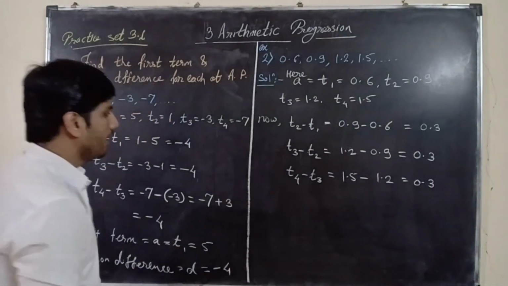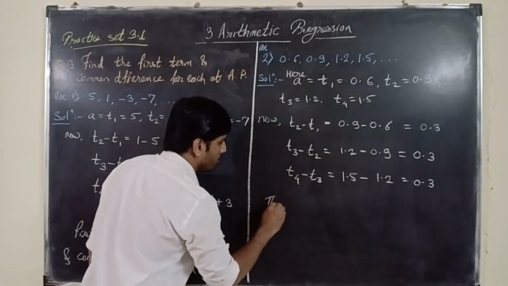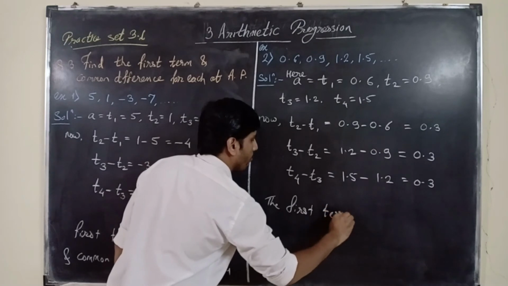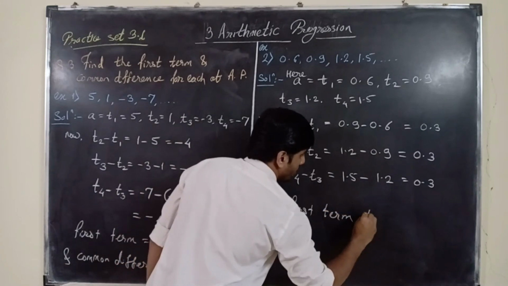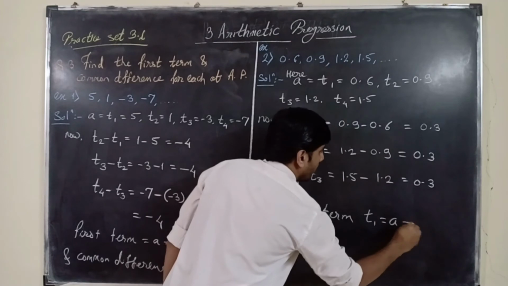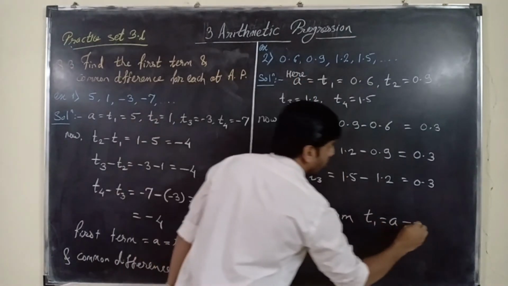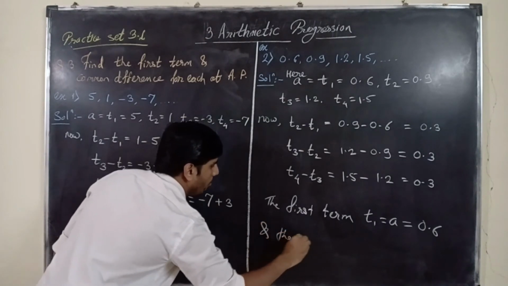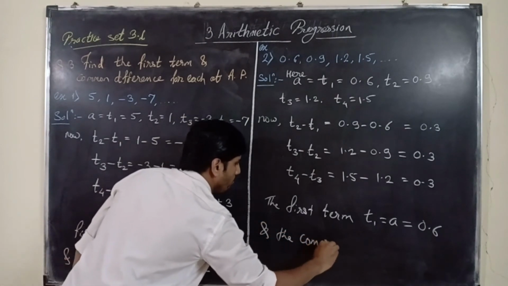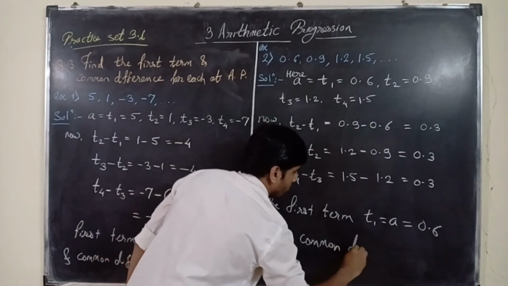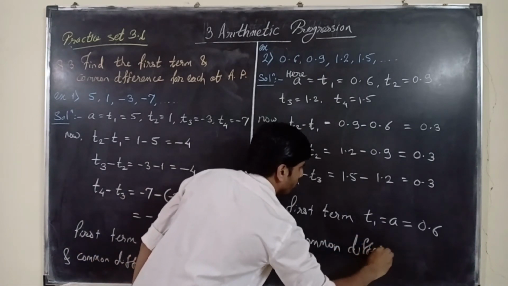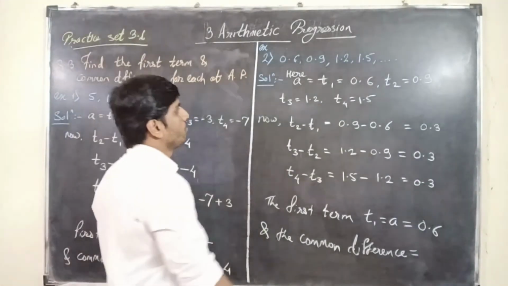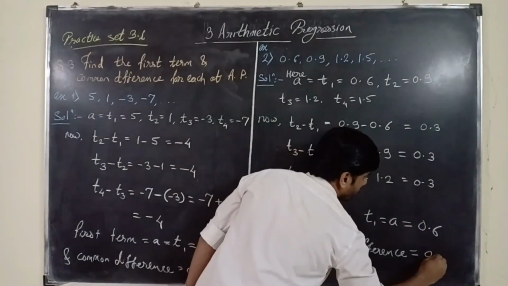So we can say that the first term, which is T1, which is also called as A, which is equal to 0.6, and the common difference which is equal to 0.3.